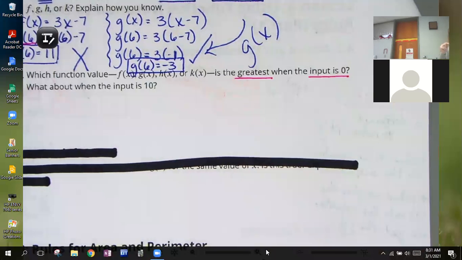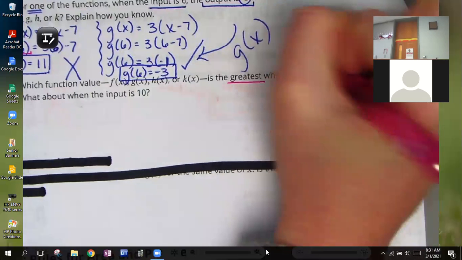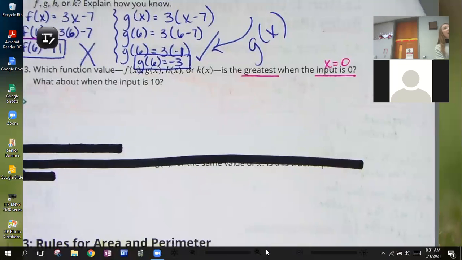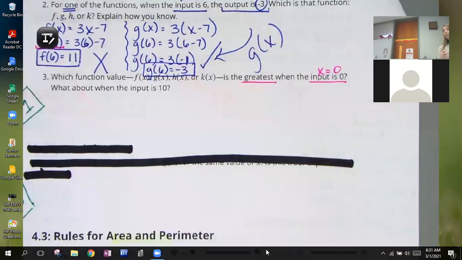Okay, so when they tell us that the input is 0, what variable did they just tell us? The x. So they told us x equals 0. So how am I going to know which function has the largest output with that input? I'm gonna have to replace the x with the 0, okay? Can I just solve one and know the answer? No, what am I gonna have to do? I'm gonna have to solve all of them and then compare all the outputs, right?